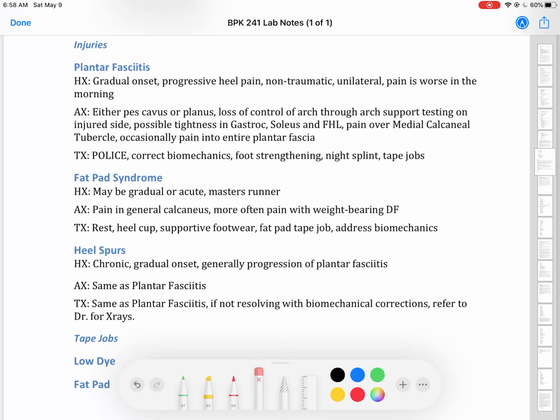If it's a running related injury and say their pain only comes on after a certain length of time, maybe 45 minutes, an hour into the run, then we might need to ask that person to go out for a run until the pain comes on and see if the movement of their foot changes when they're fatigued. Running gait assessment is difficult, especially if you're not trained in it.